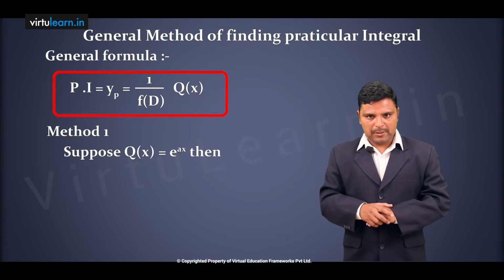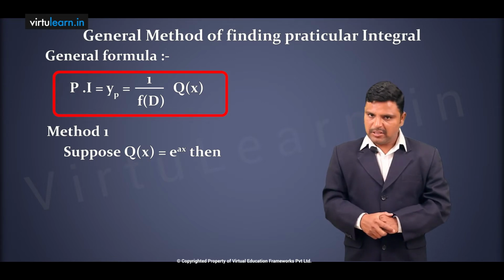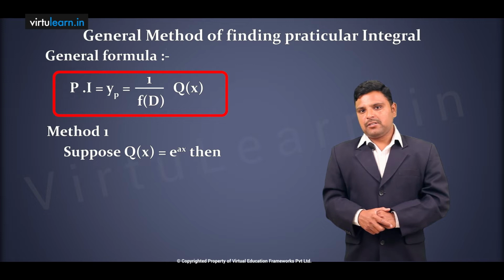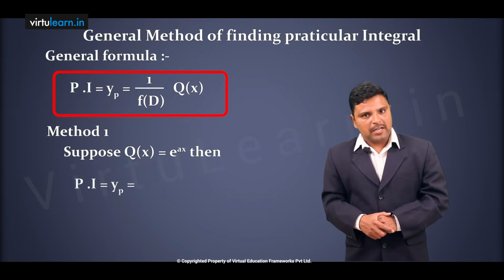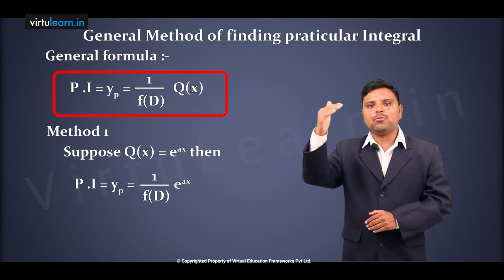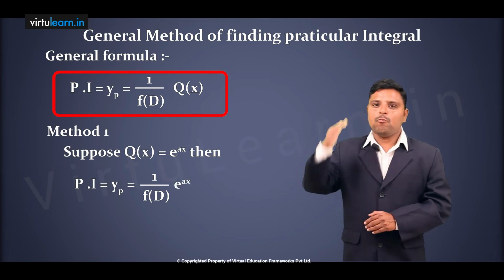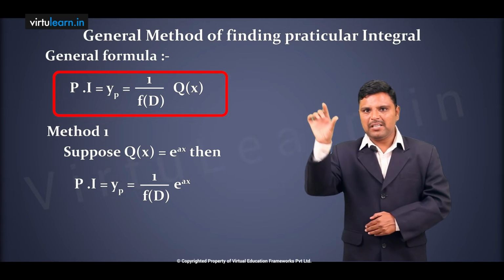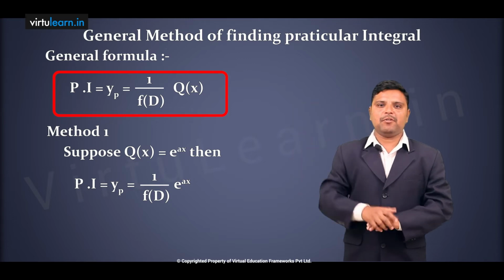Now I am going to explain the first method. Method 1: if q of x equals e power ax, then the particular integral formula is yp equals 1 by f of D into q of x equals 1 by f of D into e power ax. In place of q of x I have taken e power ax.